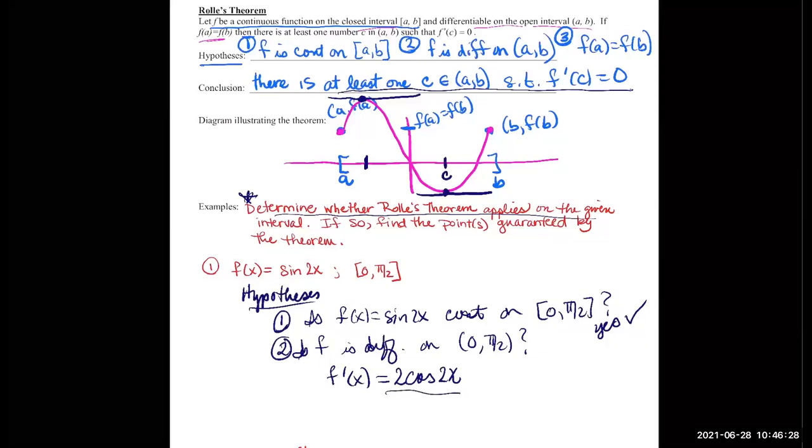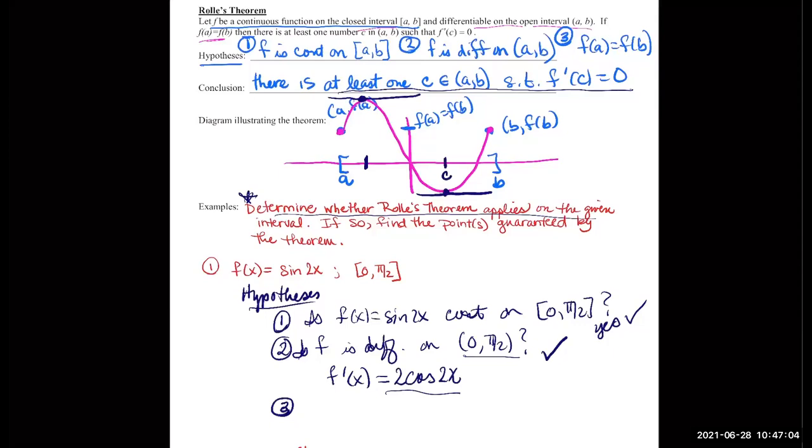So is our derivative defined on the open interval from 0 to pi over 2? Is that true? Yes, good. Okay, so that means that our function is differentiable on that interval.